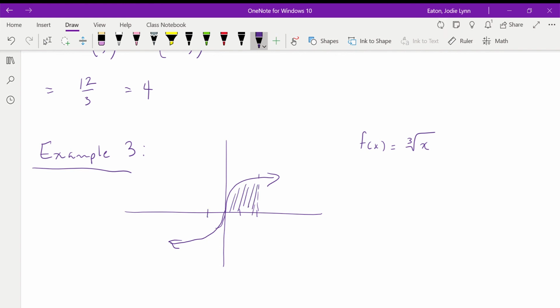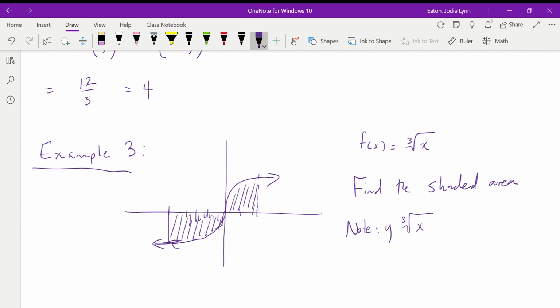and here. Okay, and so we are being asked again to find the shaded area, instead of actually finding the signed area. So note, we know that y equals cube root of x is an odd function.